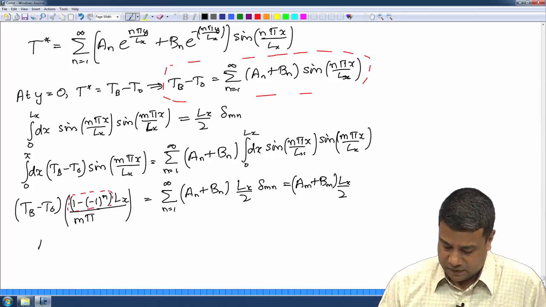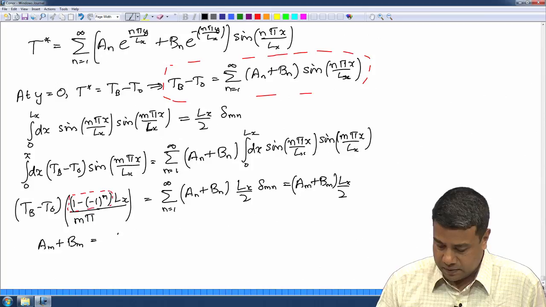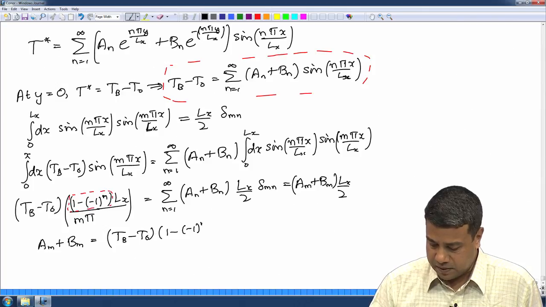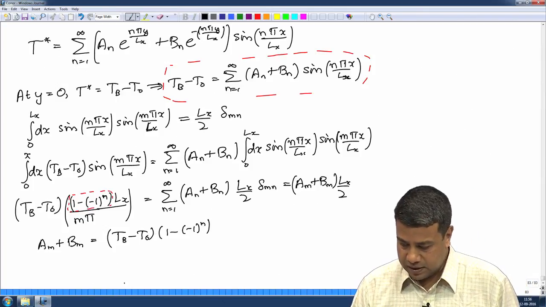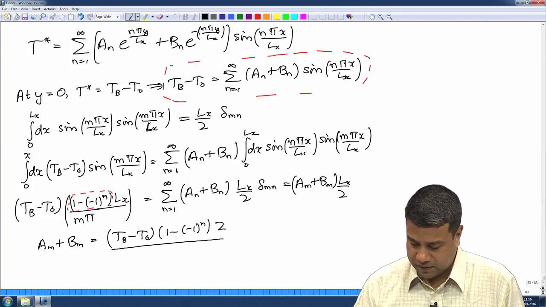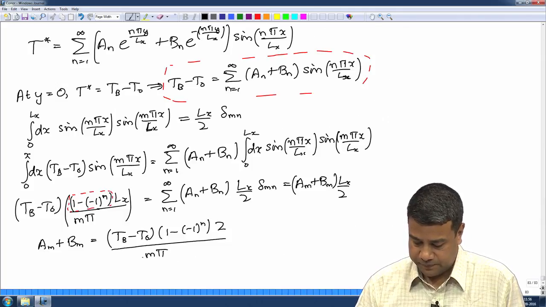Therefore, a m plus b m is equal to Tb minus T naught into 1 minus 1 power m. The Lx will cancel out on both sides. I will get a factor of 2 here divided by m pi.